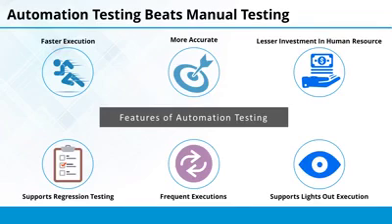Supports lights out execution. Now this terminology is technical, which means that even if you're not physically present in front of this testing happening, it will happen anyway. With manual testing, you have to do it manually, but with automation, you just have to run the test suite.